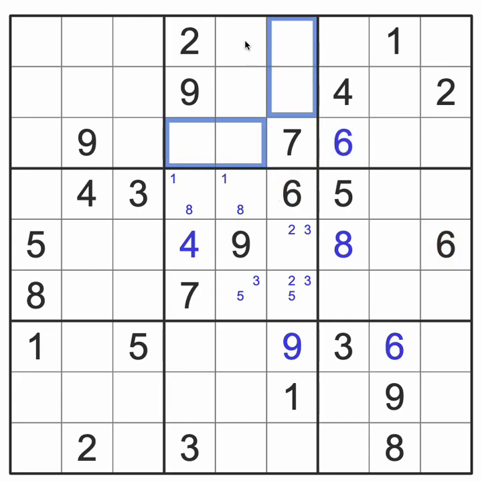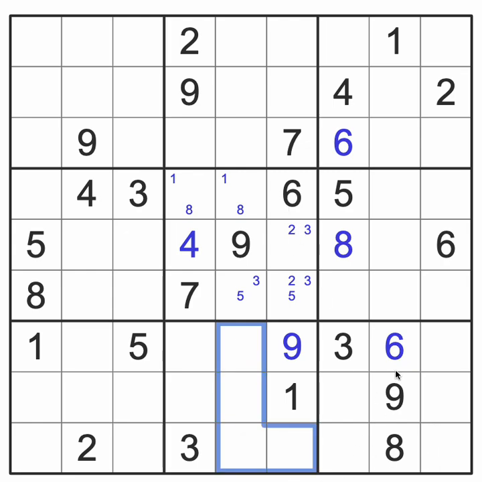And now this 6 blocks here, this 6 blocks like this. So in box 2, 6 will have to be in one of these 2 cells. In turn, it will block these 3 cells. This 6 blocks here. And this 6 blocks here. So 6 comes in here.